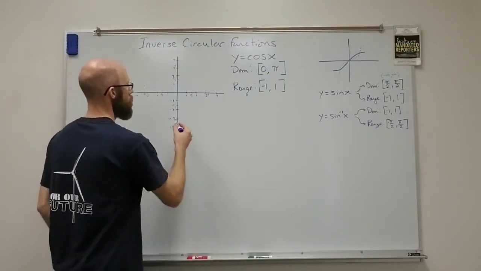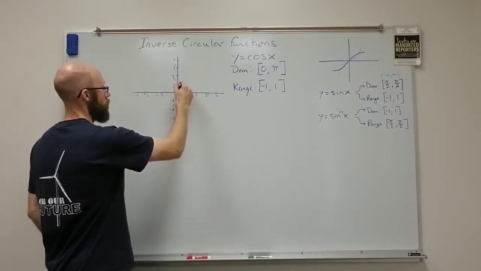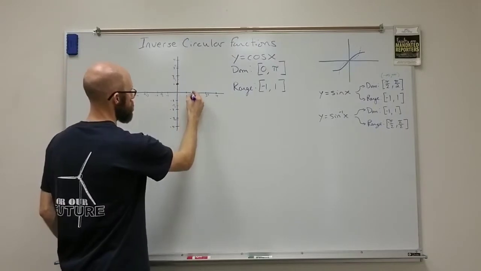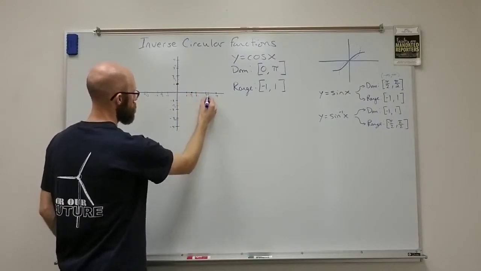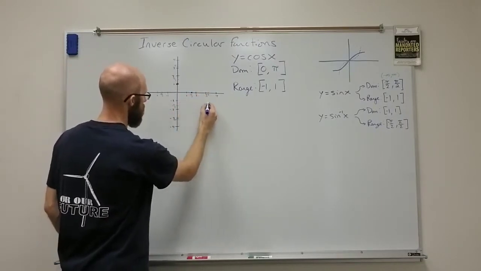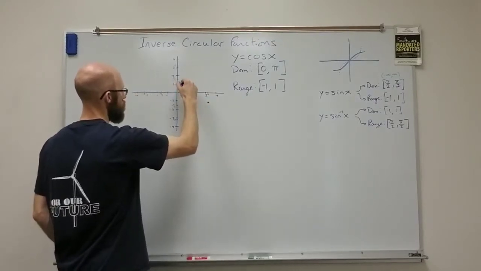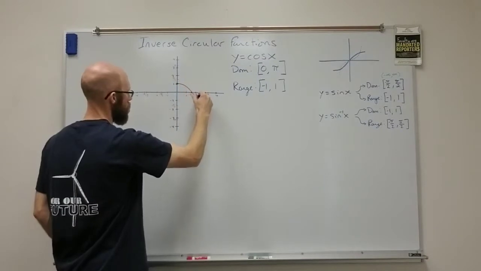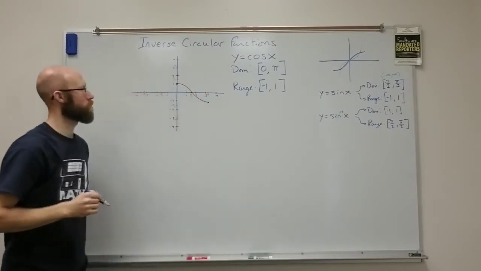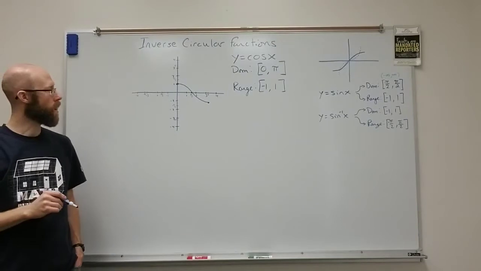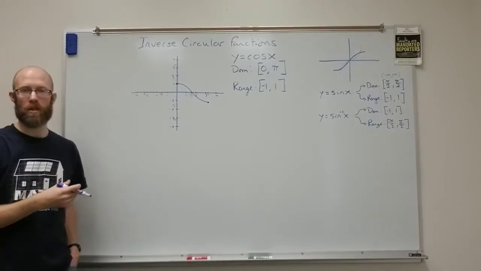So it starts up at 1, goes down to the x-axis at pi over 2, and then at pi it's down to -1. So that would be our cosine with the restricted domain.